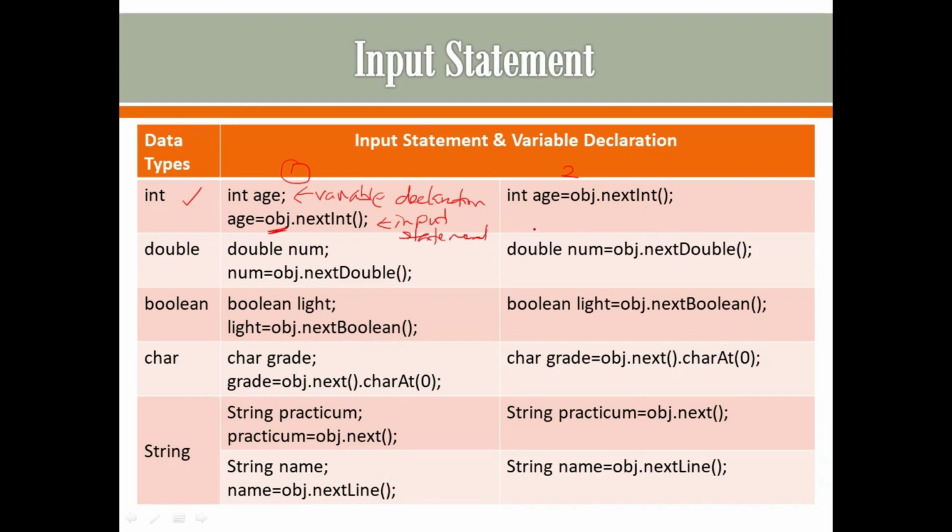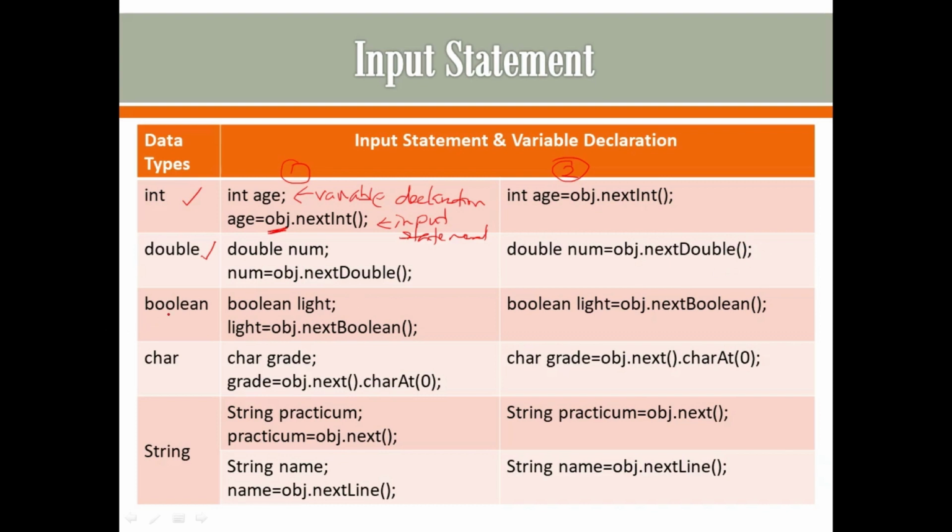For double, double number semicolon, and then on the next line number equal to obj dot nextDouble, with a capital D. Or the second way, you can use double number equal to obj dot nextDouble bracket semicolon.